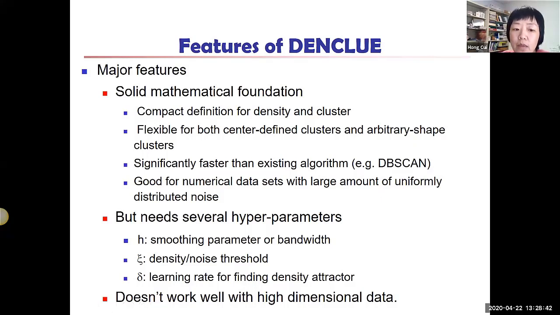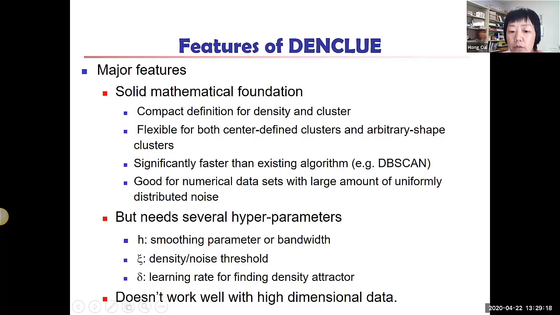You can see that. It needs several hyperparameters. As you can see, we always list parameters as the con part, because setting parameters is always a challenge. Here we need H, the density threshold, and the learning rate. Those are all adjustable, and you need to know how to set them.